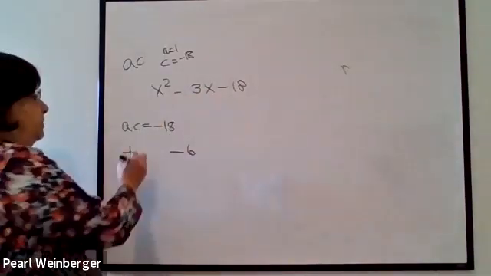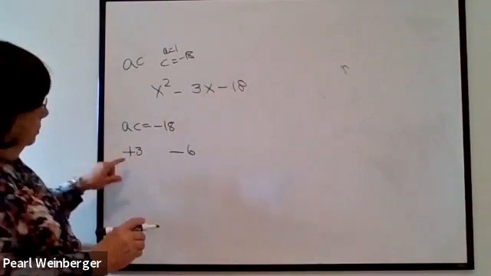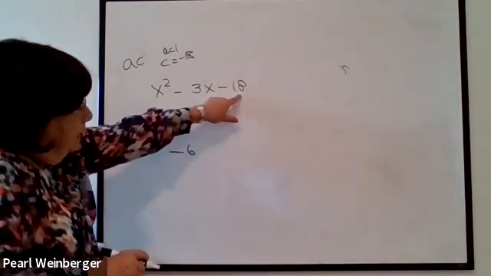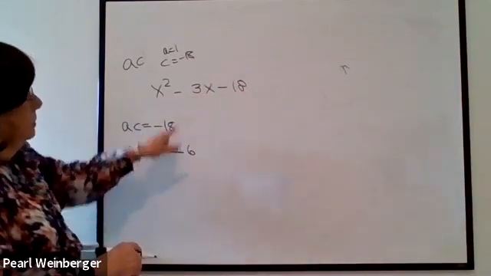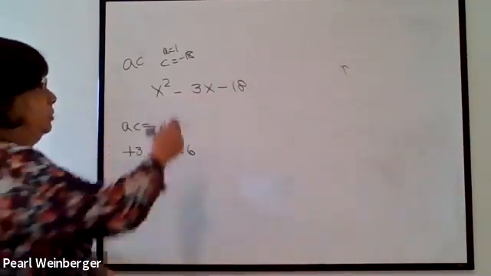So it has to be a negative 6 and a positive 3. Notice, positive 3 times negative 6 will give me negative 18. Positive 3 plus negative 6 will give you negative 3. So I've got the right combination.